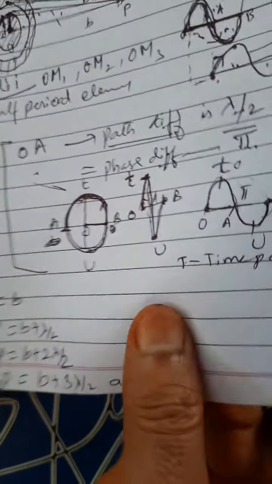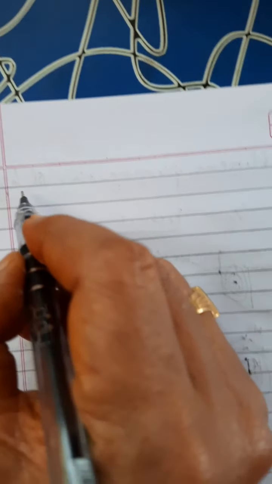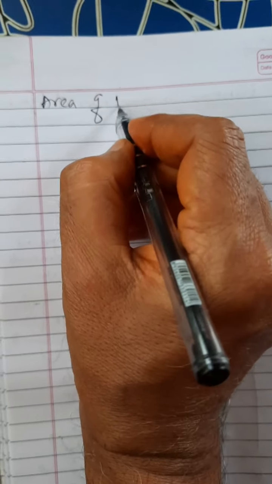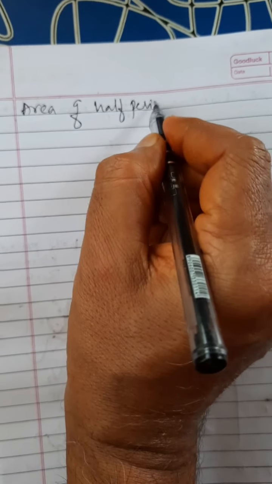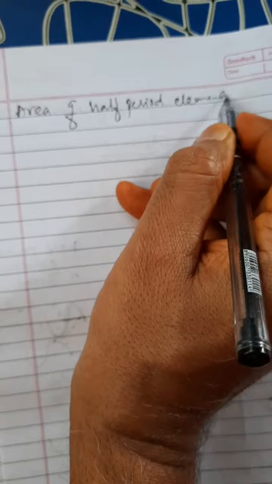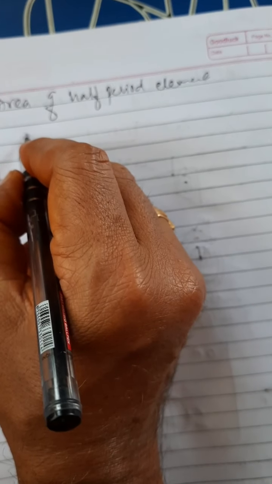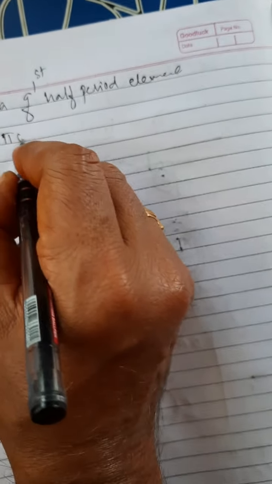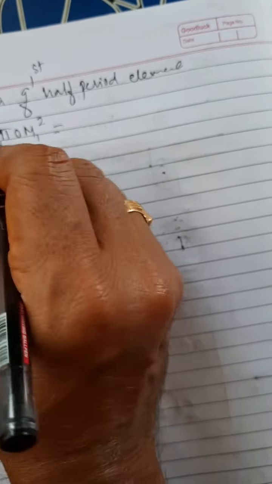Now let us find the area of half period elements. If you take the first half period element, the area of the first half period element is equal to pi OM1 square, pi r square, because this is the first half period element.